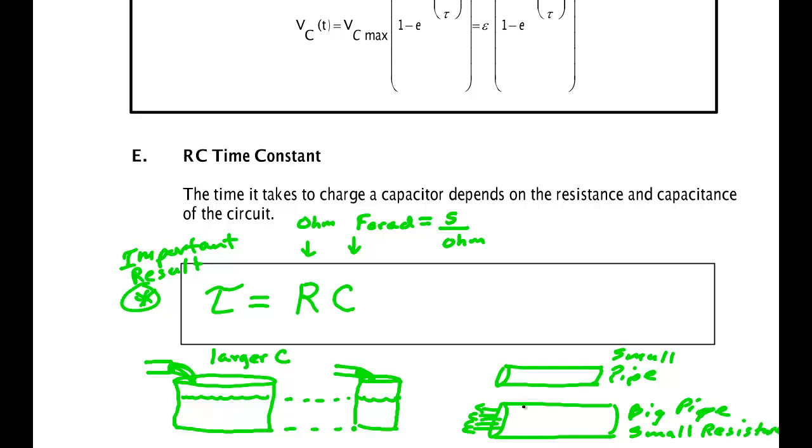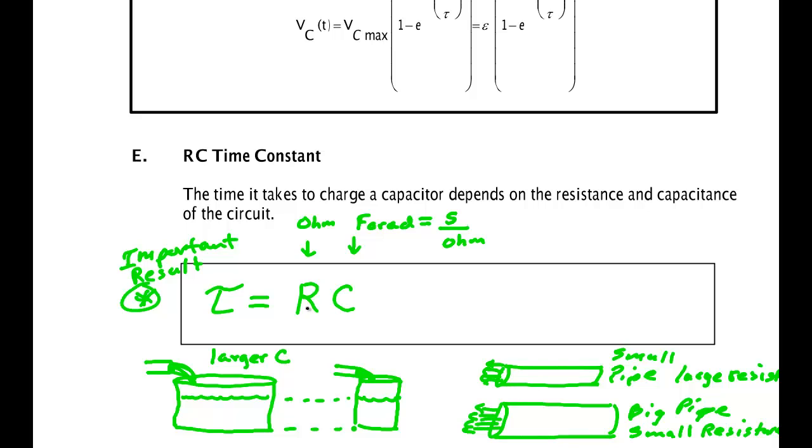Not radius. I'm not talking about radius. It's a small resistance. The small pipe has a large resistance to water flow. Therefore, it sends out water in a slower time. If you use a small hose, it will take longer to fill a swimming pool than if you use a big hose. So a big R, which represents a small hose, means it's going to take longer.